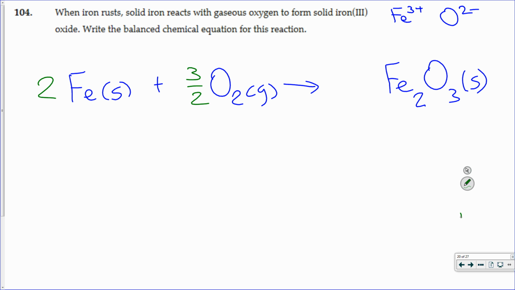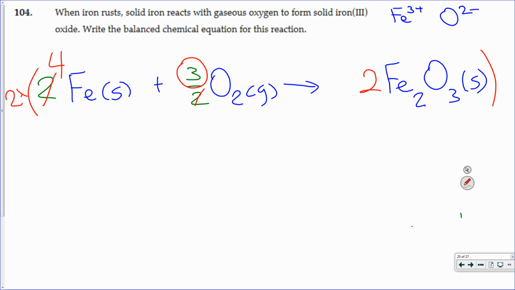But the author says that he doesn't like the halves, so he wants us to multiply everything by 2 to get rid of the halves. So if I multiply everything by 2 all the way through, this becomes 4. This gets rid of the half, it just becomes 3. And this becomes 2.